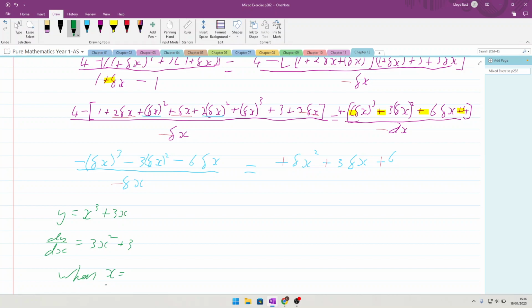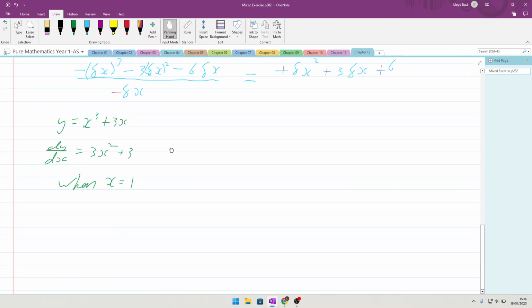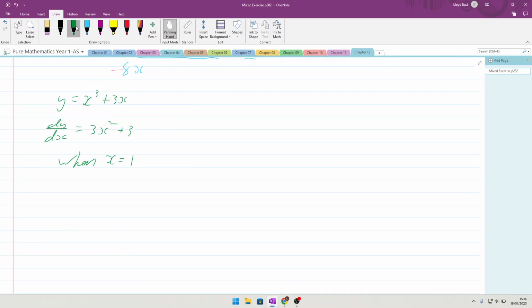So when x equals 1, then dy by dx is equal to 3 times 1 squared plus 3, which is equal to 6. Okay, all done.